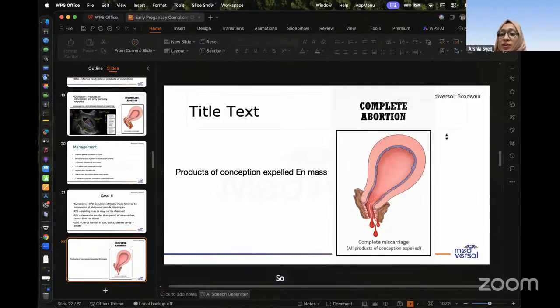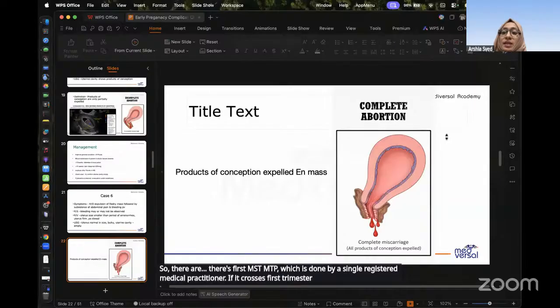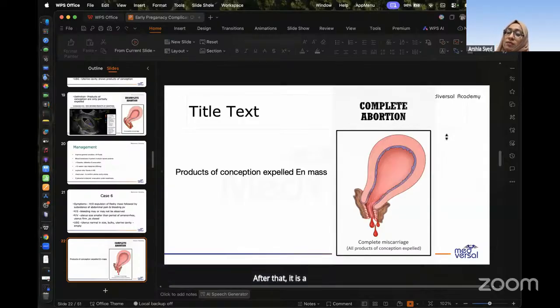First trimester MTP is done by a single registered medical practitioner. If it crosses the first trimester, at least two medical practitioners have to agree to carry out the MTP. After that, it is a medical board which decides if the pregnancy has advanced to that gestational age.